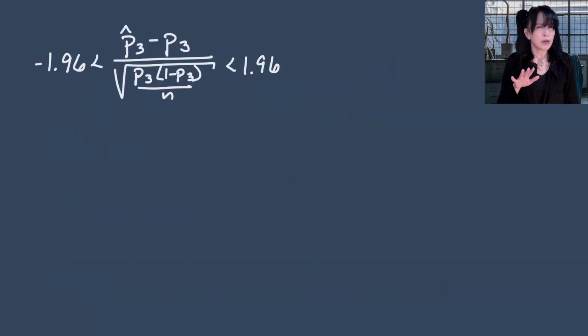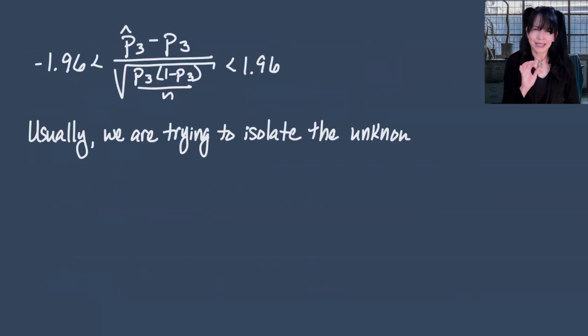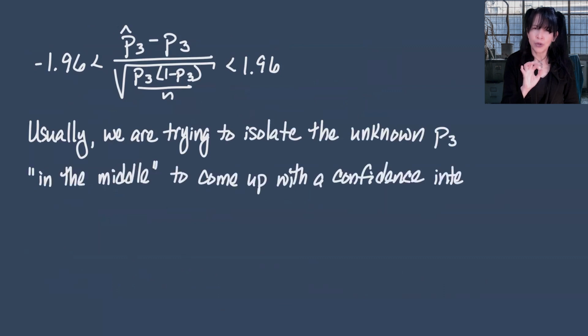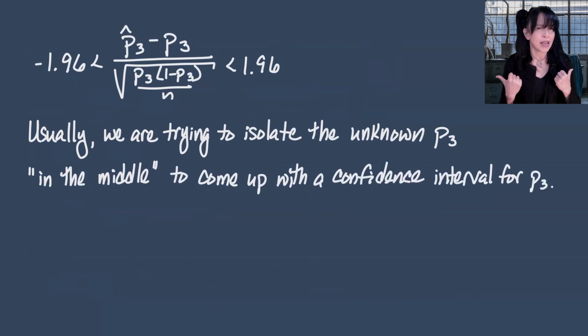Now, usually when making a confidence interval, the goal is to figure out what P3 is. And so you want to solve this system of inequalities to isolate P3 alone in the middle, because you don't know what P3 is and you're trying to come up with two random endpoints for an interval of estimated values for P3.